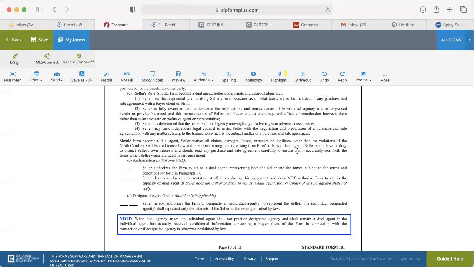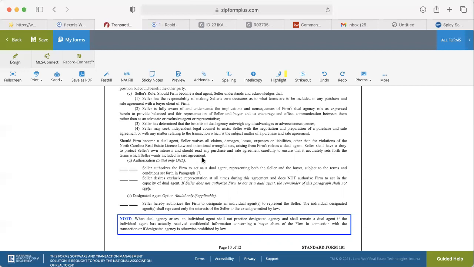Seller shall have a duty to protect seller's own interests and should read any purchase and sale agreement carefully to ensure that it accurately sets forth the terms which seller wants included in said agreement.